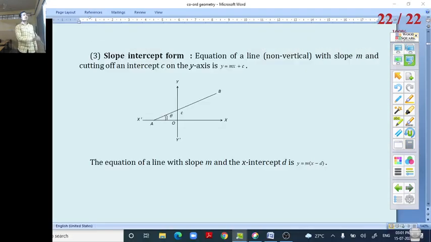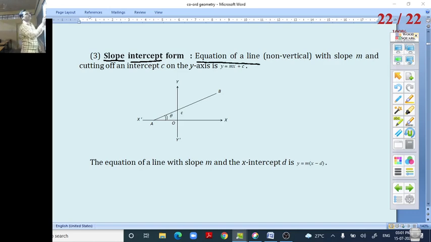Look at this definition. The slope of the line is given and the intercept of the line is given. Whenever a line intersects the x-axis or y-axis at a particular angle, how do we find the equation of the line?